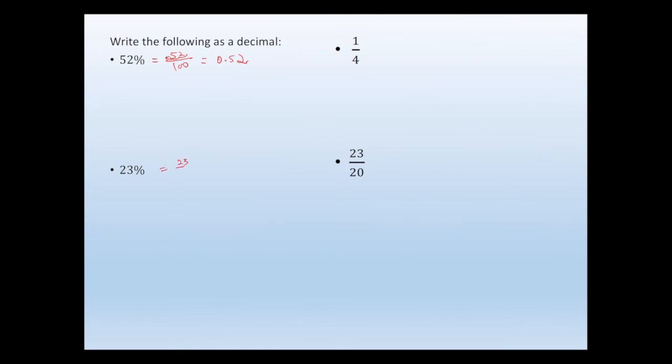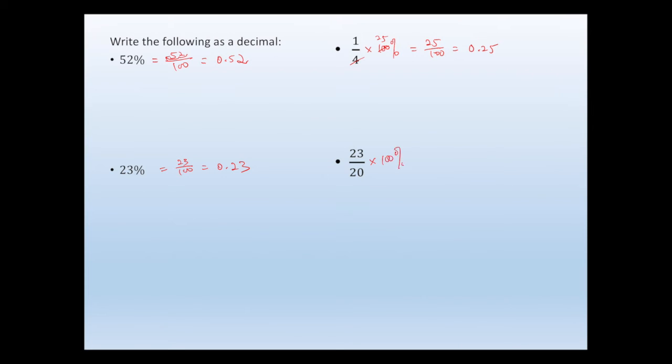And 23% is 23 over 100, and that is 0.23. To change from fraction to decimal, you multiply this by 100% first, and that becomes 25 over 100, therefore this is 0.25.